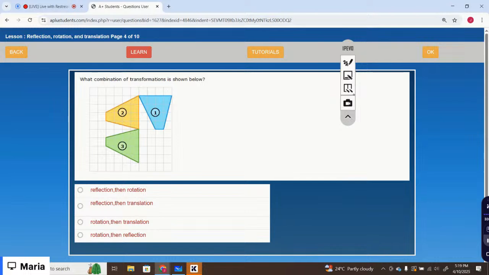One to two, that is the rotation. And then two to three, that is the reflection. The last option is the correct option.